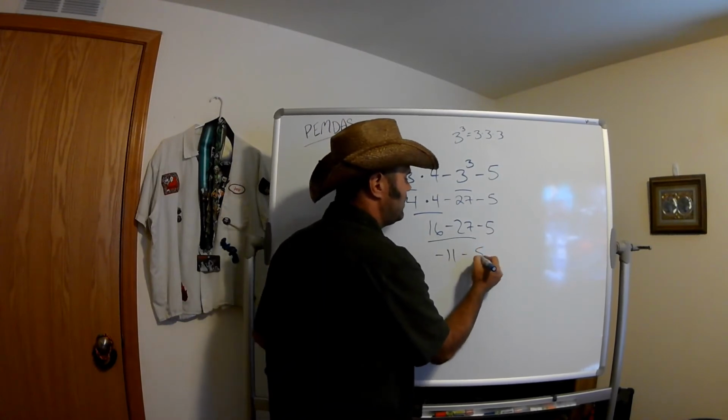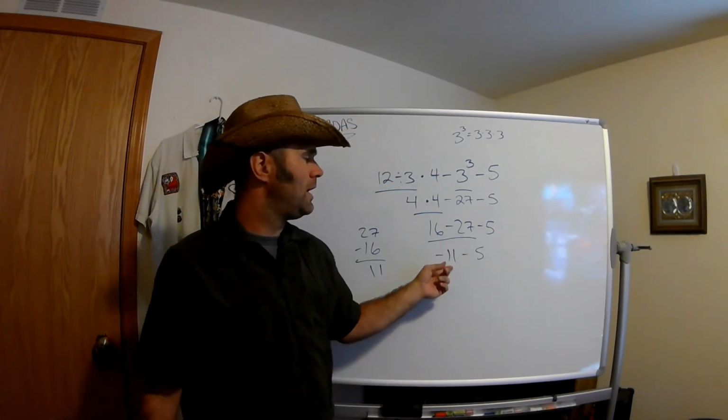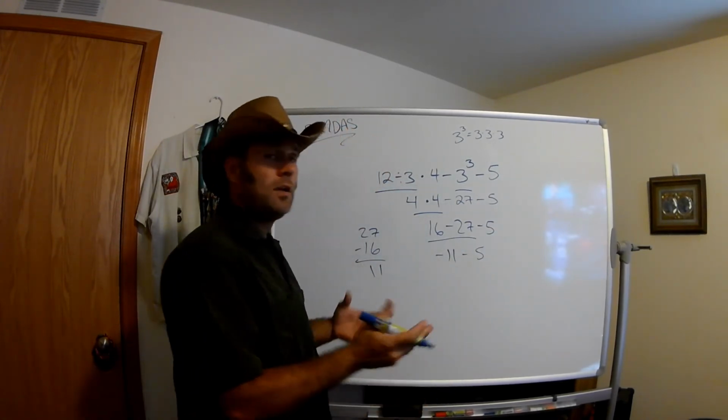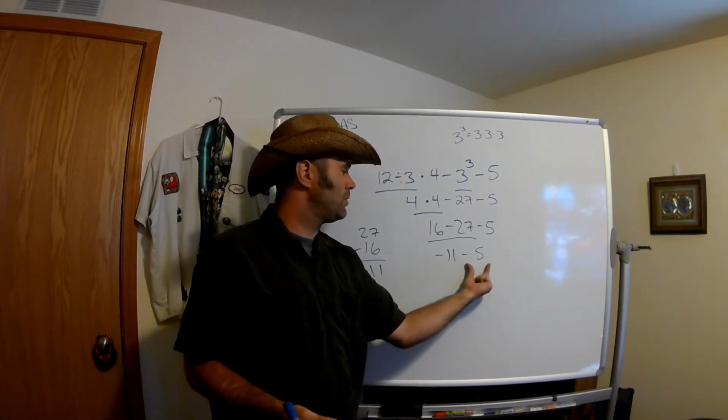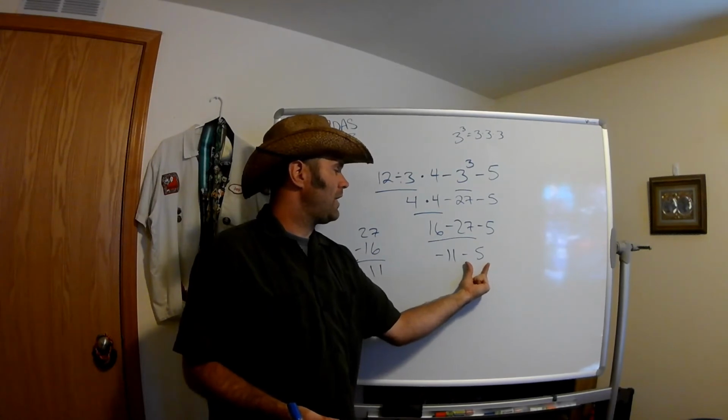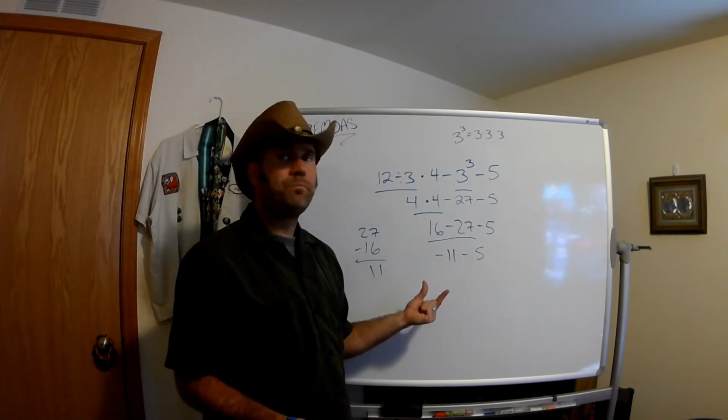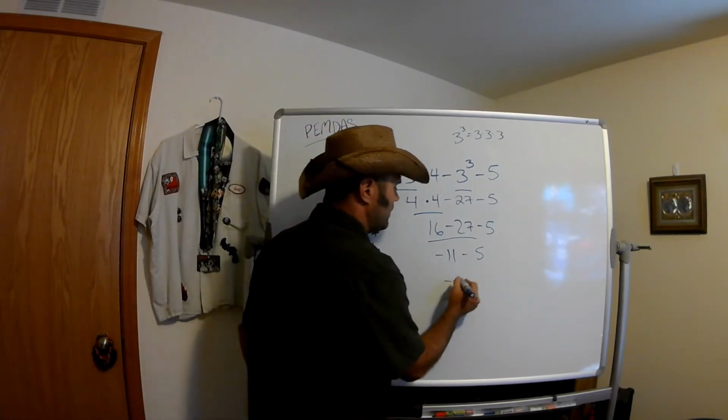Minus 5, we're just bringing that 5 down. And negative 11 minus 5, those are both negatives. So really we're adding two negative numbers together. So a negative 11 plus a negative 5 is a negative 16.